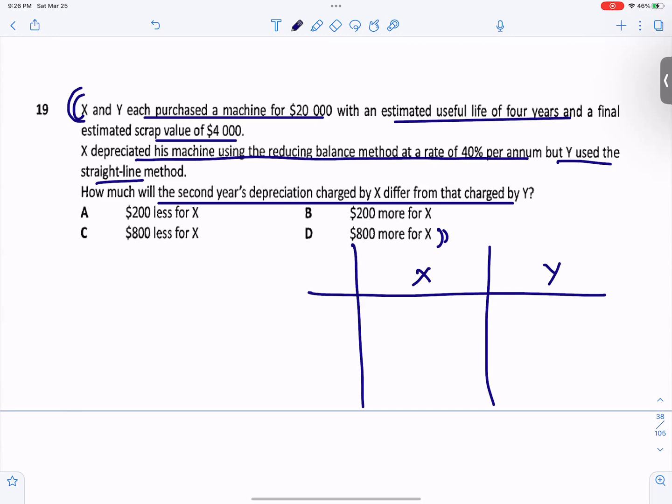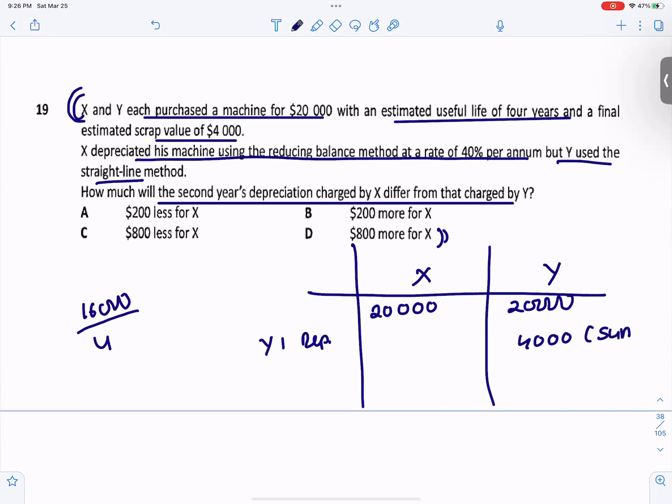How will we do it? Come on, start doing. What did X use? X uses the reducing balance method.